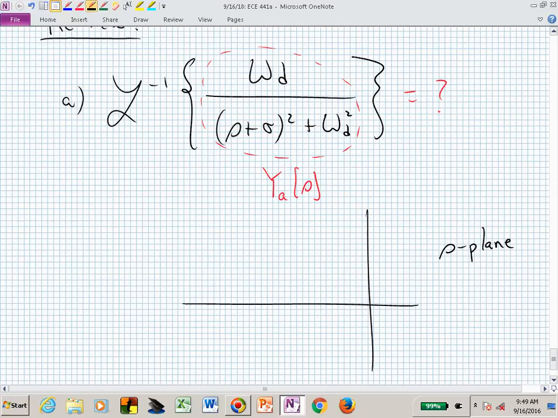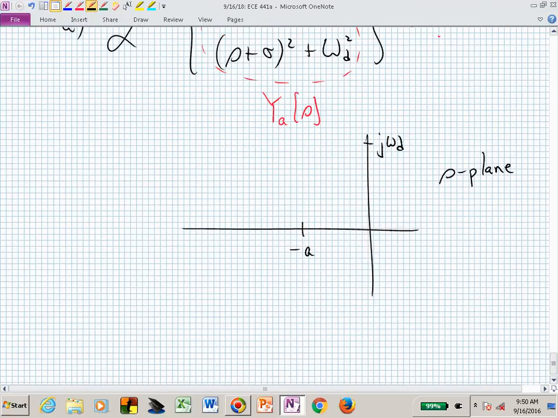They are present and positive, but in this factored form, they should be jumping out at us. There's the real part, minus sigma, and the imaginary part is plus and minus omega d. So we have poles at minus sigma, plus and minus j omega sub d. Those are our poles, no zeros.